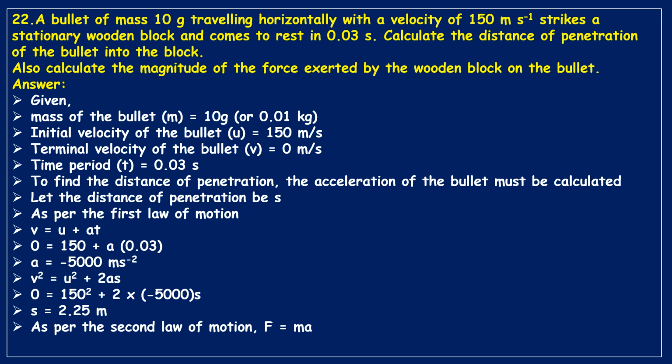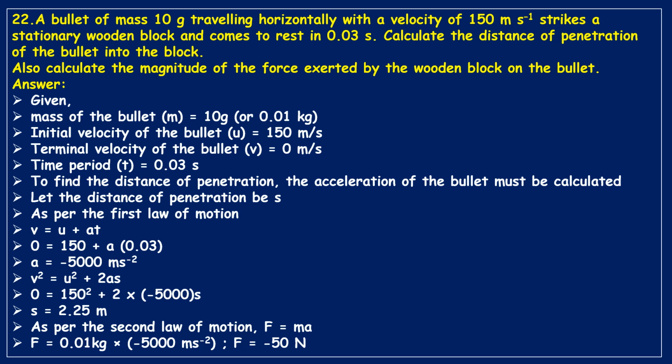As per the second law of motion, the distance we also calculated, and the third one, force, we have to calculate here. So we have mass, we have acceleration. So Newton's second law, F equal to mass into acceleration. So F equal to mass, given as 0.01 kg, and acceleration given as negative 5000 meter per second square.